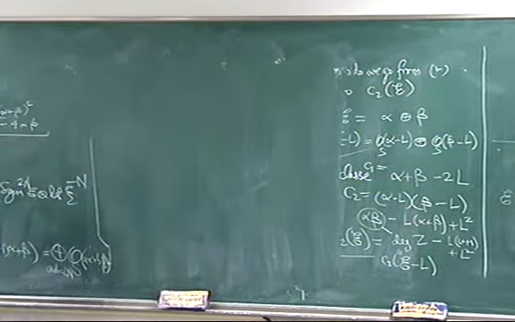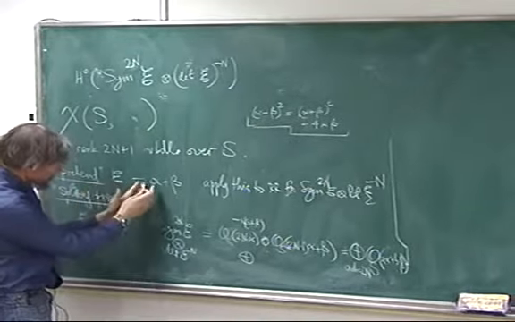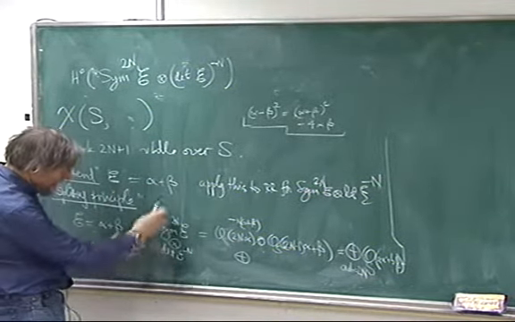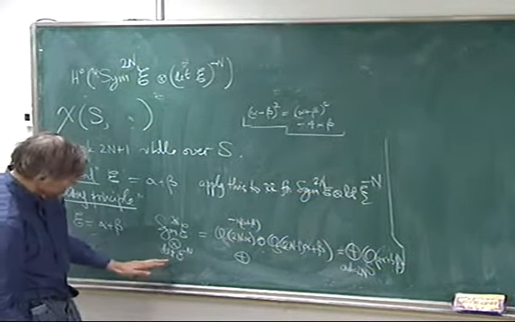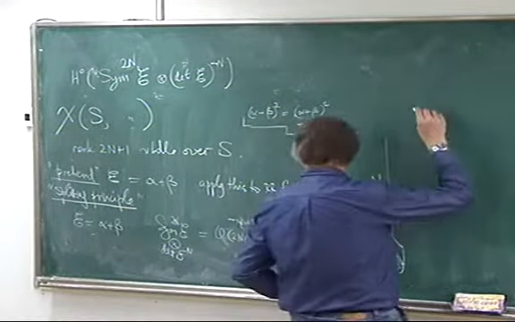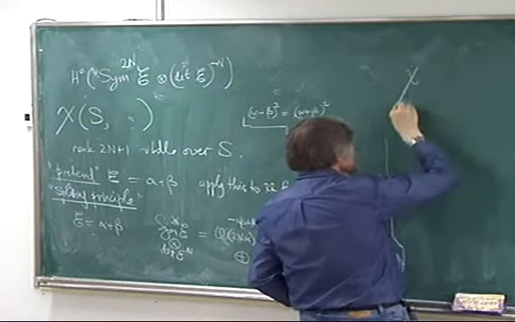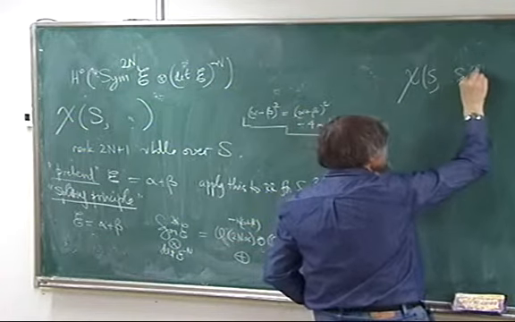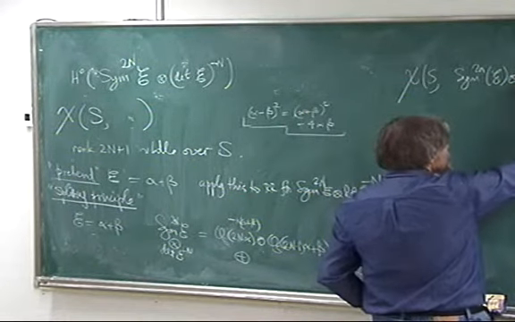Right. So the thing I've said is, I take this vector bundle E, a rank 2 vector bundle. Let's pretend it's a direct sum of 2 line bundles. When I do this symmetric power, and then twist back down, I'm going to get chi of S, and the thing I had before, Sym 2n of E tensor determinant minus n.